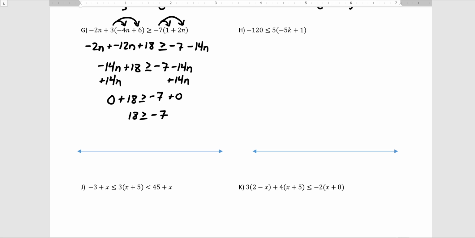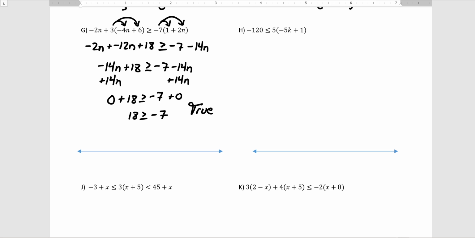Now that vocabulary doesn't really work well here since we're dealing with inequalities. However, it's the same idea. Is this a true statement or a false statement? Is 18 greater than or equal to -7? Yeah, it is. This is true, which means that n can be any value, and we're going to get this true statement.